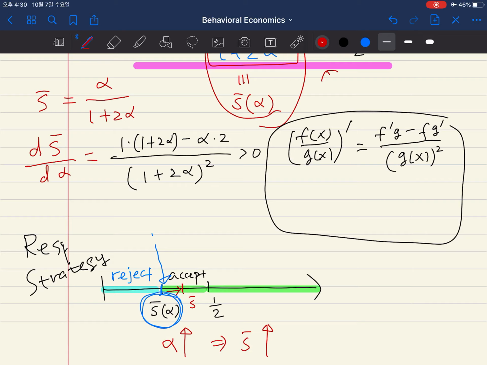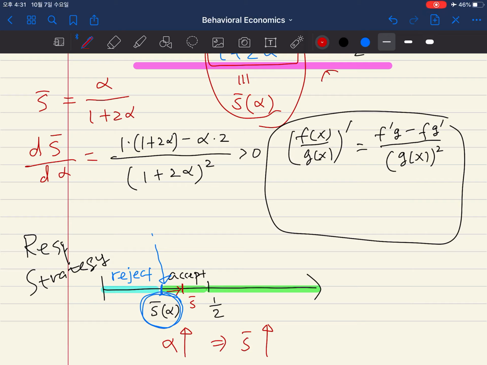Then the responder's utility is going to be negative because of this utility, and the responder doesn't like it. Therefore, if alpha is big, so the responder is the type of person who feels great envy about inequality, then this type of responder is more likely to reject the offer.